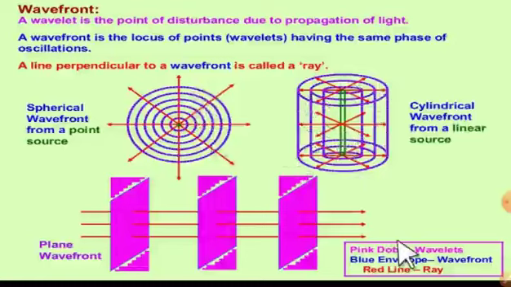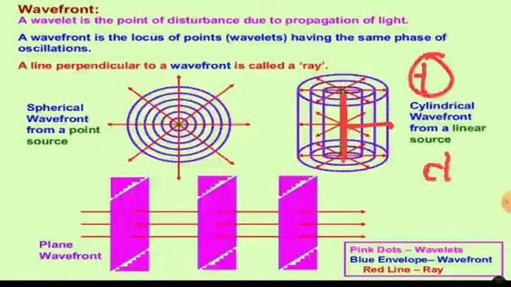So the linear source is somewhere here, at its axis. At any time, say small t, for the light from the linear source to reach here, the distance during this time small t will be ct. So the radius is ct for this cylindrical surface.